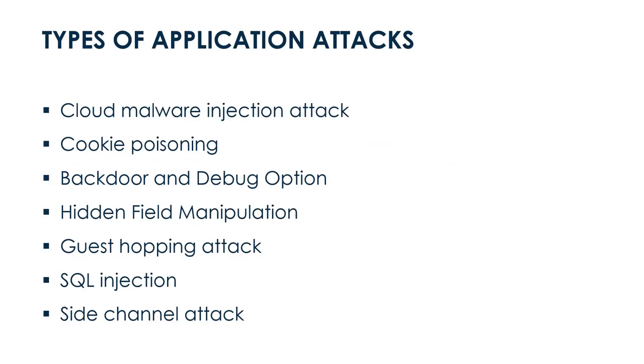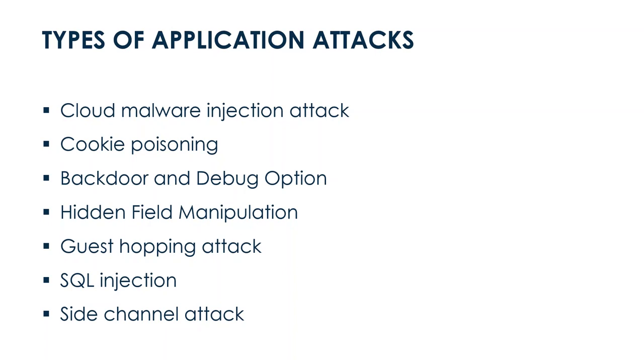If you look at attacks itself, we can broadly classify attacks into application attacks and network attacks. From an application attack perspective, what we see in a cloud environment is cloud malware injection attack, cookie poisoning, backdoor and debug option, hidden field manipulation, guest hopping attack, SQL injection, side channel attack.